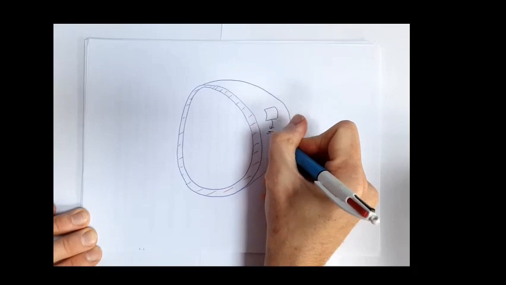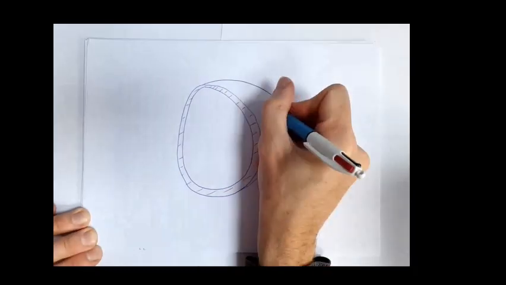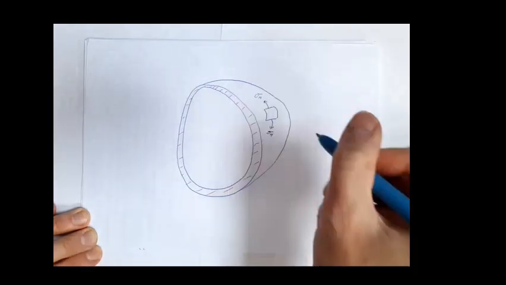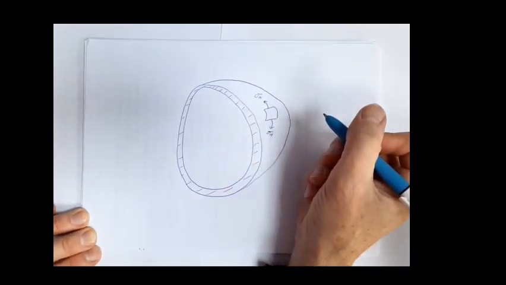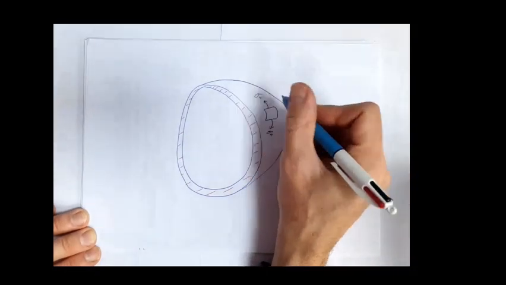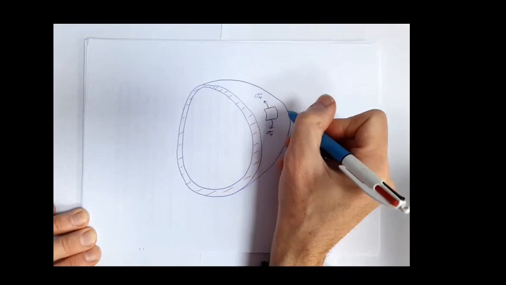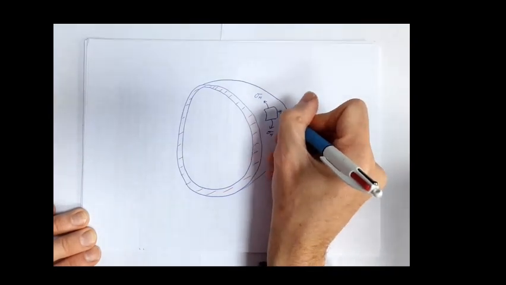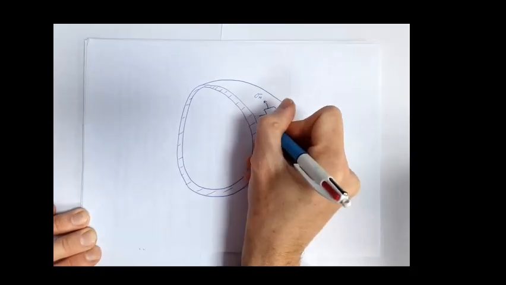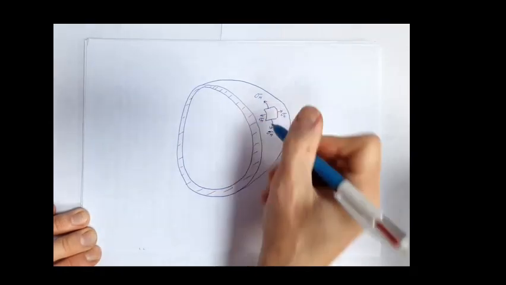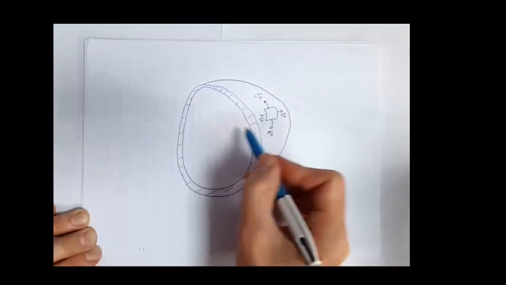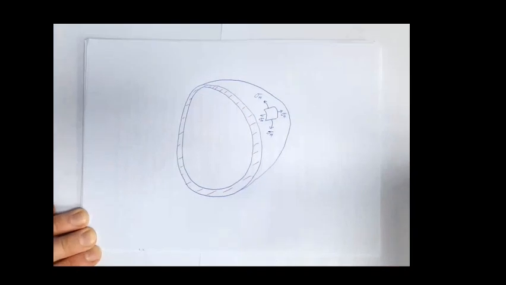So our hoop stresses are running around this direction. And remember, our longitudinal stresses were set up by the pressures on the end plates. Now, obviously, with a sphere, we don't have end plates. We have the same stresses in all directions. So we would also have hoop stress in this direction. Because obviously with my original sphere, I could have chopped it through in that direction. It would be exactly the same. So we'd have hoop stress in that direction.